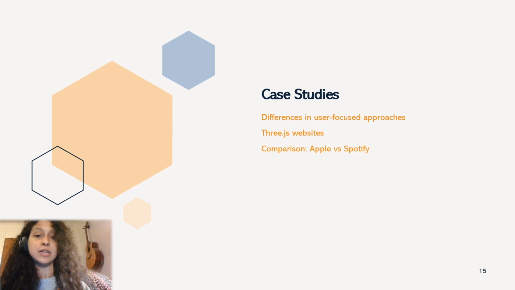Our first case study will consider an example of a 3.js website. 3.js is known for allowing developers to incorporate many dynamic and visually stunning features to their websites. And then we'll look at a comparison between Apple and Spotify in their music player design.